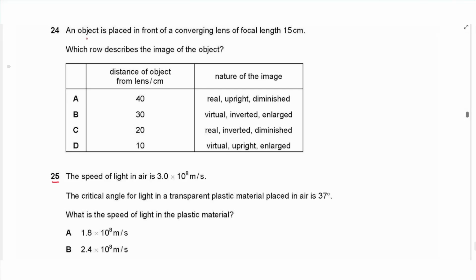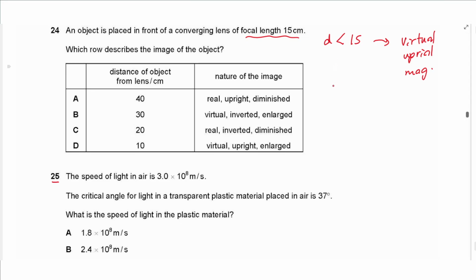Question 24 says an object is placed in front of a converging lens of focal length 15 centimeters. Which row describes the image of the object? So if the distance is less than the focal length, that gives a virtual image, which is always upright and is always magnified or enlarged.